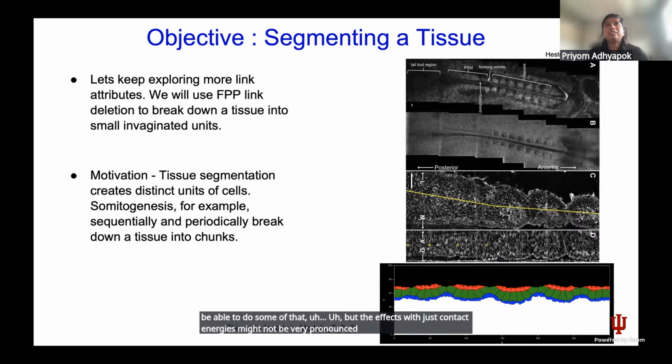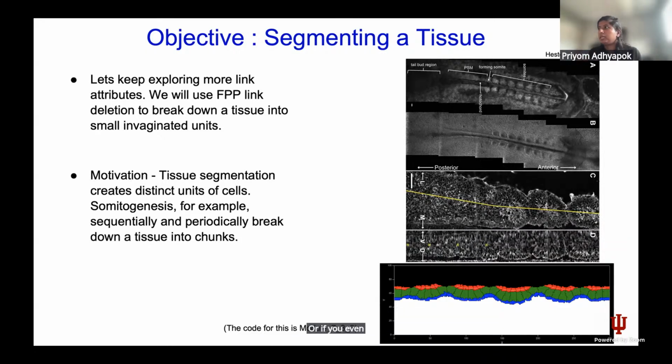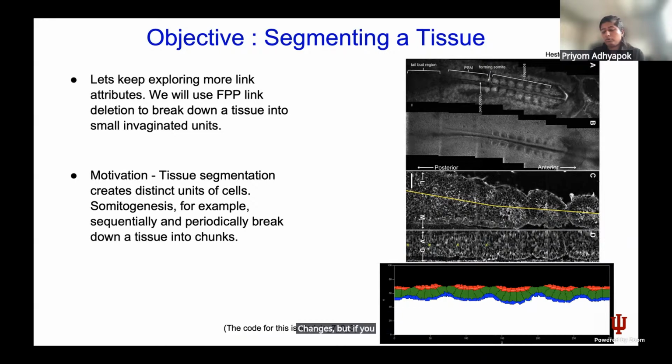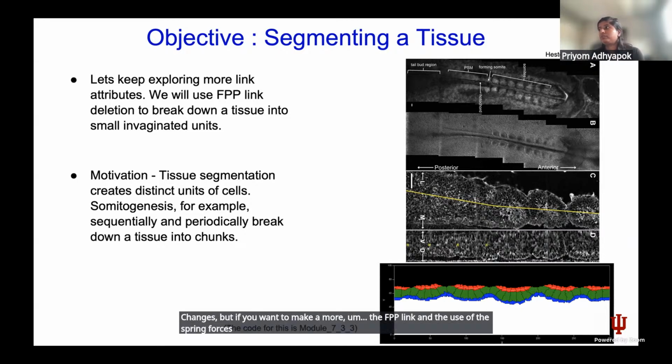You could possibly try more, even if you use things like elongation plugins, or if you put FPP links, or like you have added, decreasing apical area, you will be able to do some of it. So the cell shape will definitely show changes, but if you want to make a more pronounced bend, the FPP link and the use of these spring forces will be able to do a better job in that case.